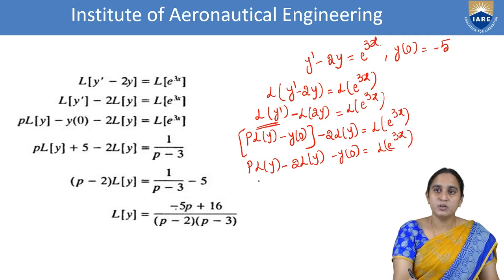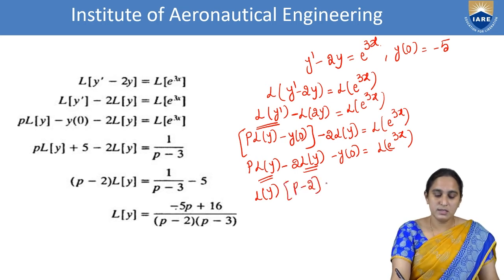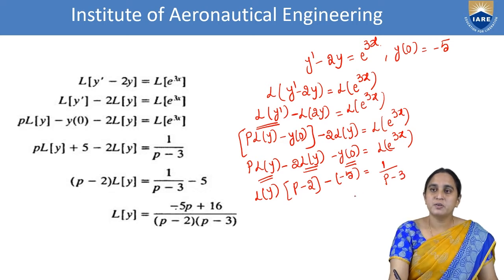From that, what is common for the first two terms? Laplace of y is common, that is Laplace of y into (p - 2). Then minus, what is the initial value of y(0) here? y(0) is -5, so minus (-5) is equal to the Laplace of e^(3x) formula, that is 1/(p - 3). The Laplace of e^(3x) formula is 1/(p - 3).